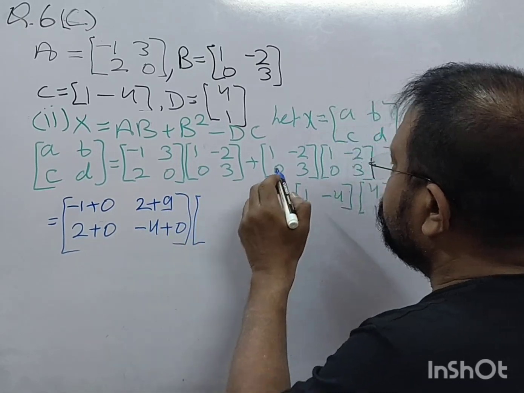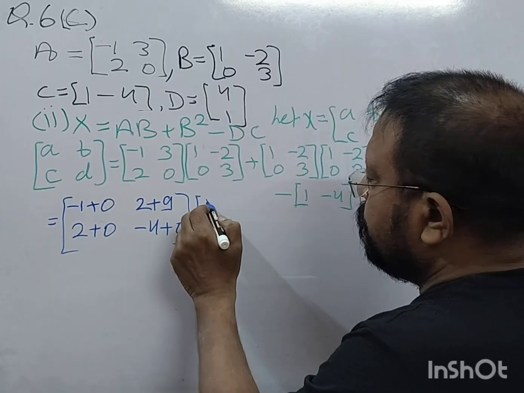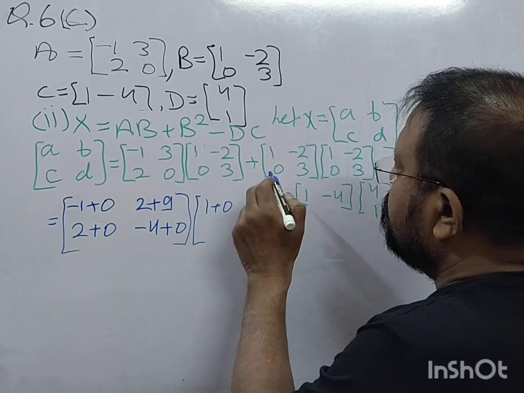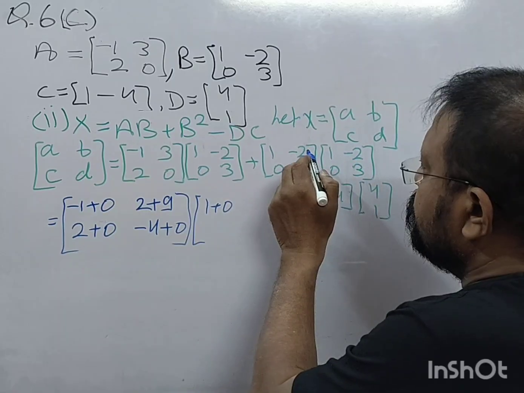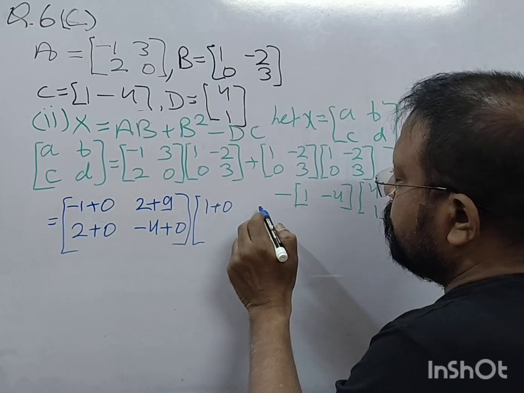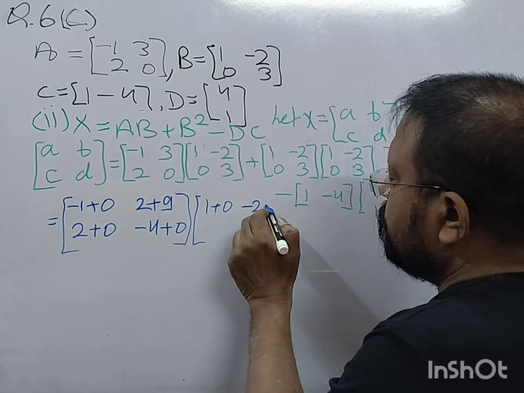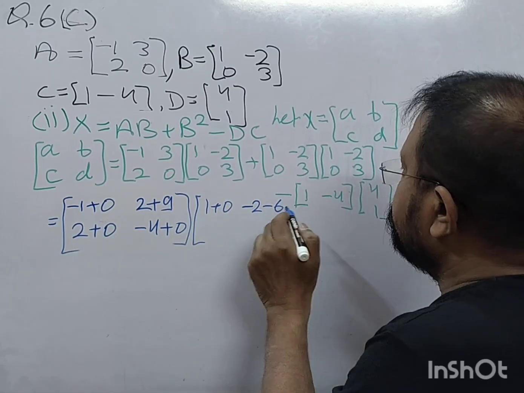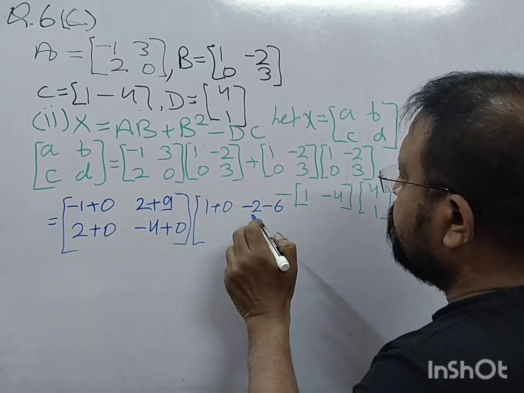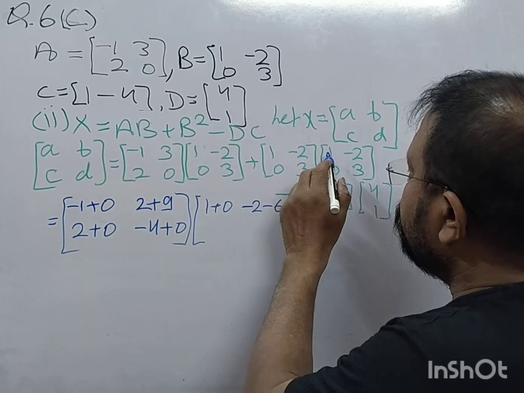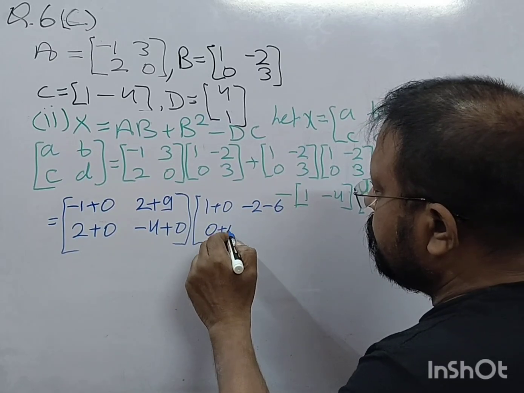Next, 1 into 1 becomes 1, 0. So 1 plus 0. Now 1 minus 2 or minus 6. Minus 2 minus 6. Right? Then we have 0, 1, 3, 0. It's 0 plus 0.